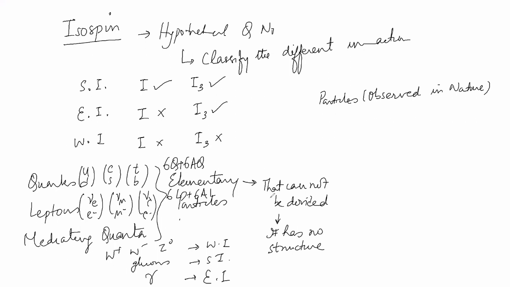And then besides that, there is one more elementary object that we call the Higgs boson, which is responsible for giving masses to the particles. The Higgs boson is the quanta of the Higgs field, and when a particle interacts with the Higgs field, the strength of the interaction gives rise to the mass of the particle.